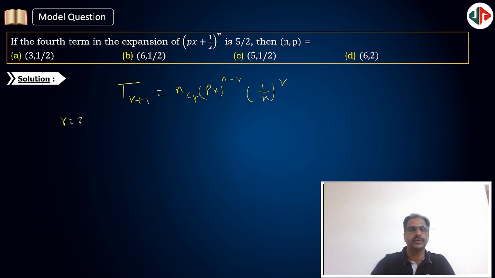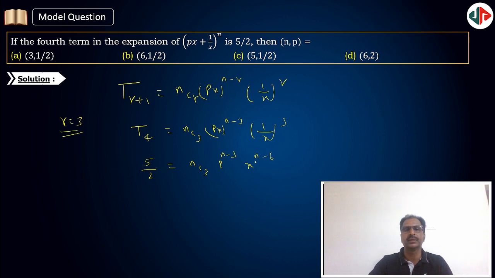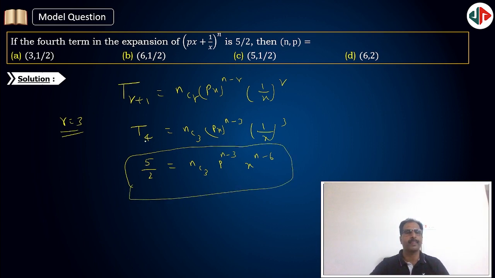Put r is equal to 3, then we get T4, NC3 (px) whole power n minus 3 into 1 by x whole power 3. This fourth term is given as 5 by 2. So p power n minus 3, x power n minus 6. Now the question is finding the values of n and p. That can be done only by verification here.